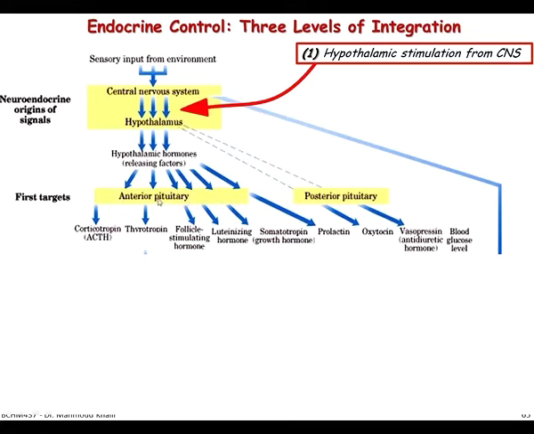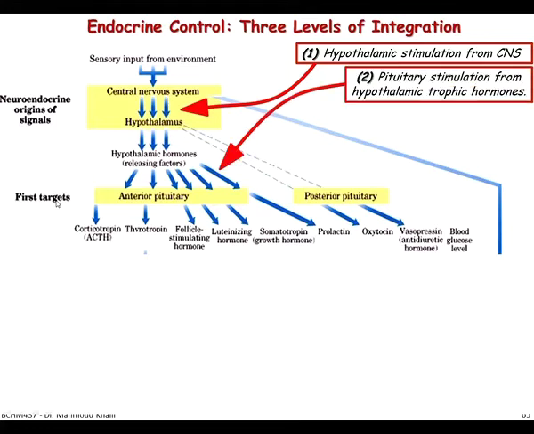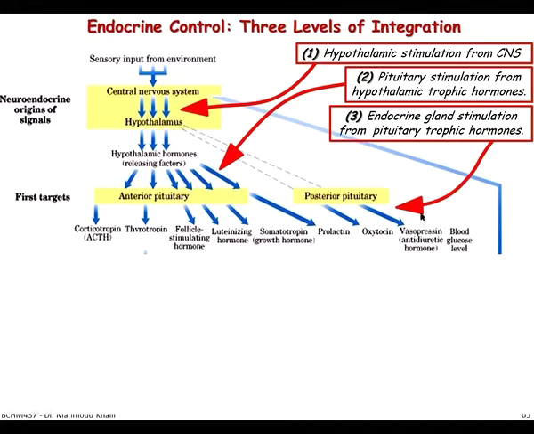And the anterior pituitary or the posterior pituitary represents the first targets. So you can see this pituitary stimulation from the hypothalamic trophic hormones. Soon after that, the endocrine cells in the anterior and posterior pituitary gland will be stimulated to release their own hormones.